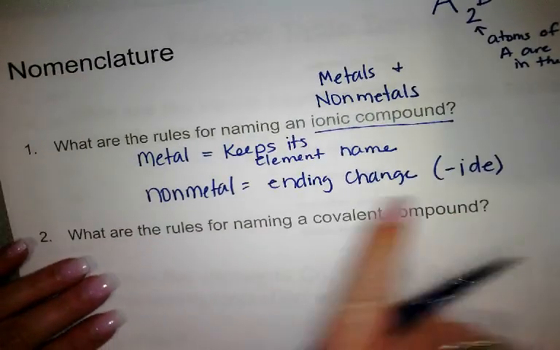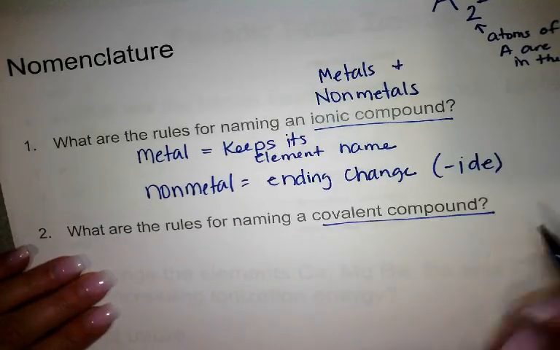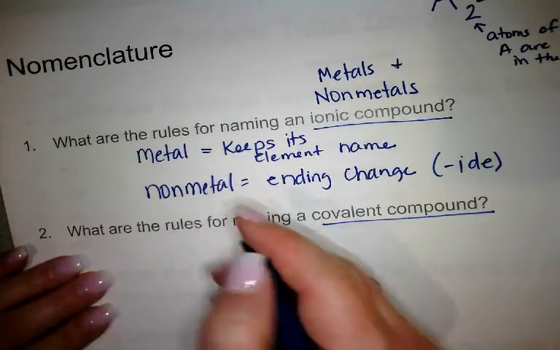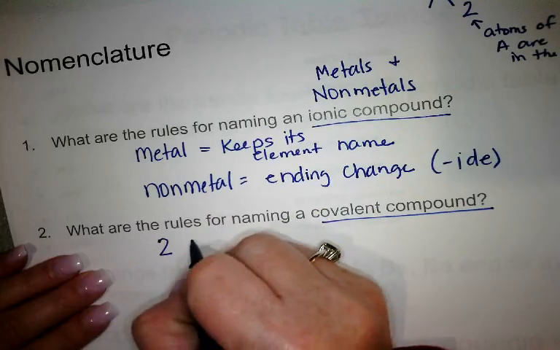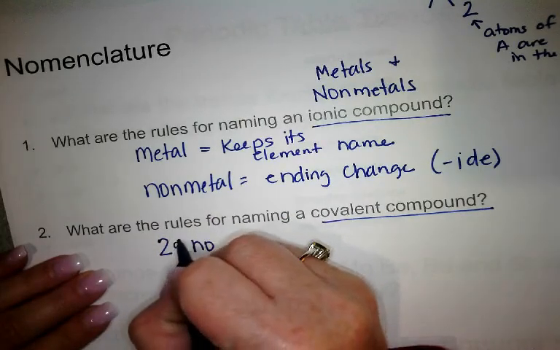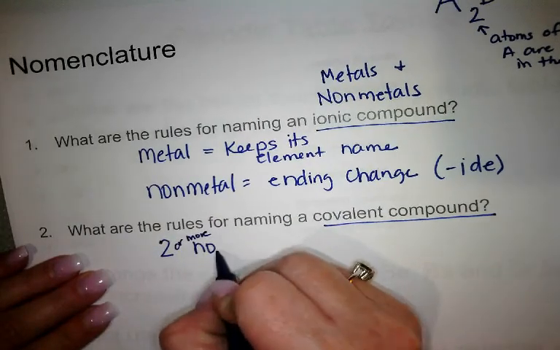With our covalent compounds, these are going to be two or more nonmetals.